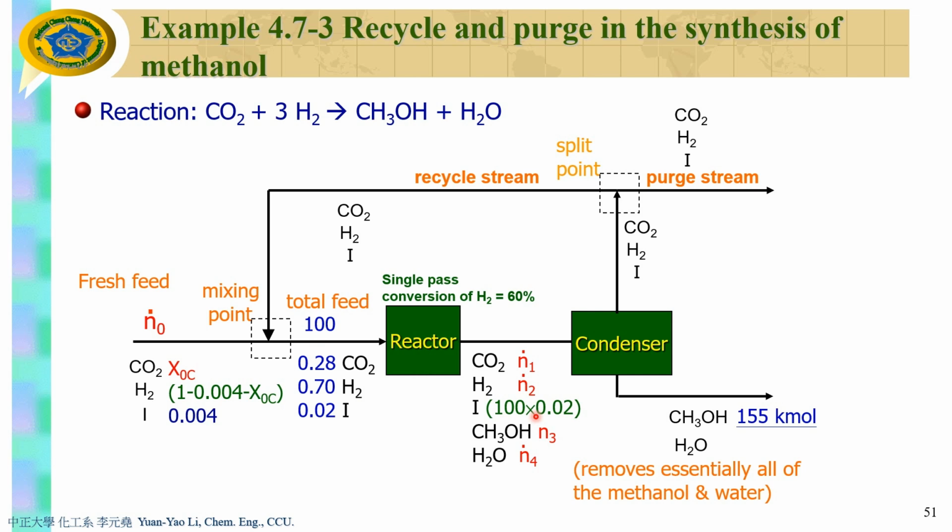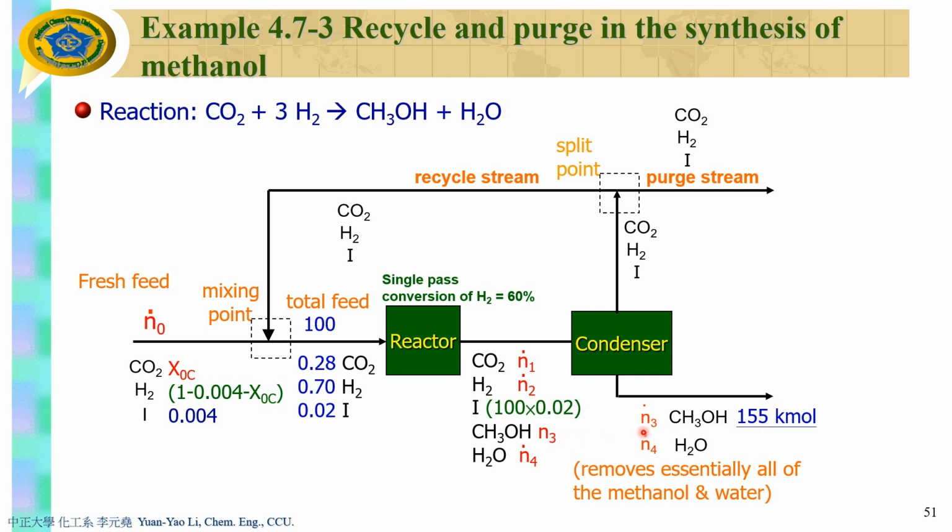Okay, next, because this is a condenser, it separates the 5 species. You separate 3 species in the gas phase and 2 species in the liquid phase. As a result, this methanol should be N3, right?